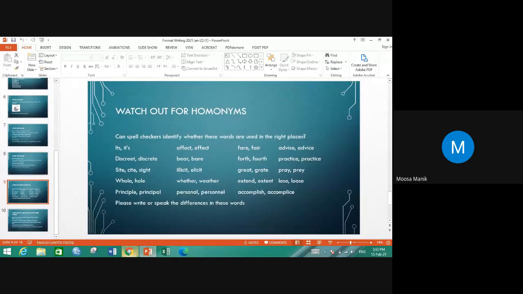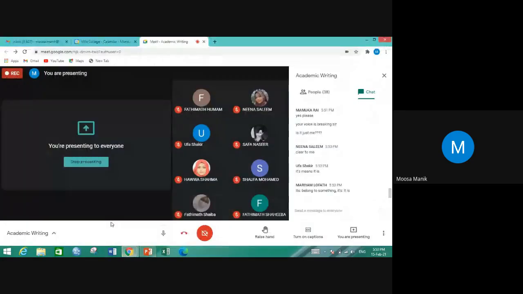What can you write there? Double E-T and E-E-T, discrete? Is it too difficult? This is really interesting because homonyms, you know, can actually give you a hard time.